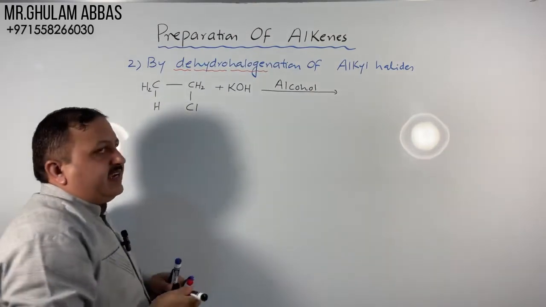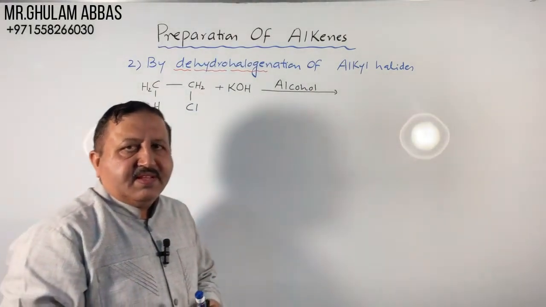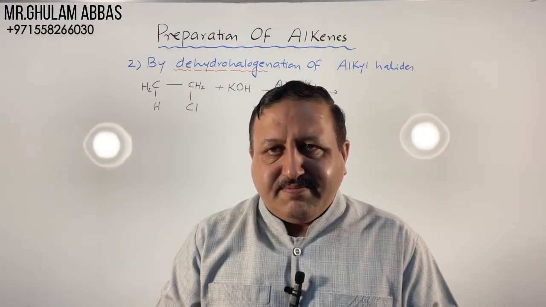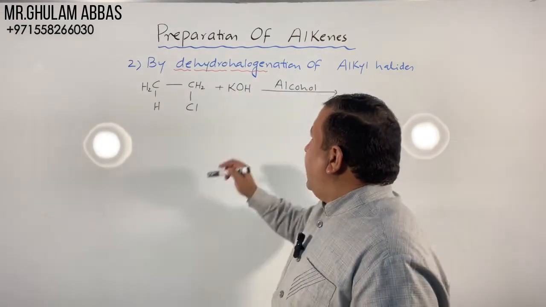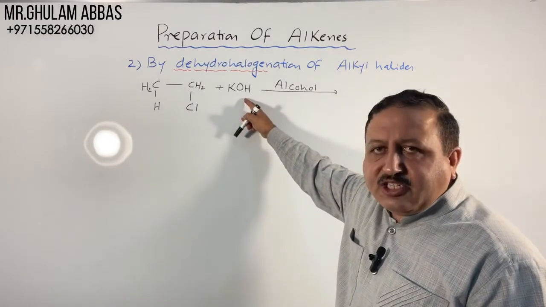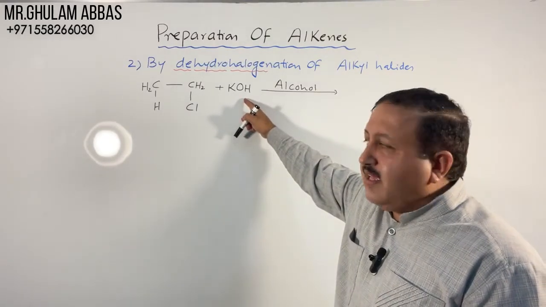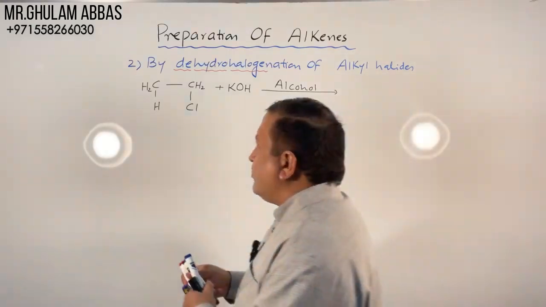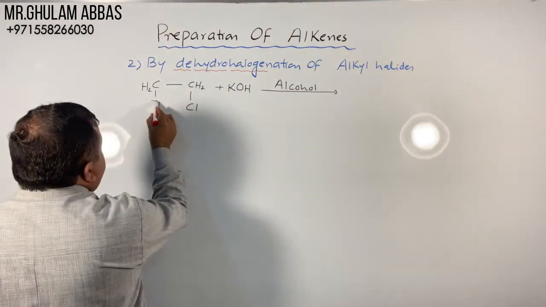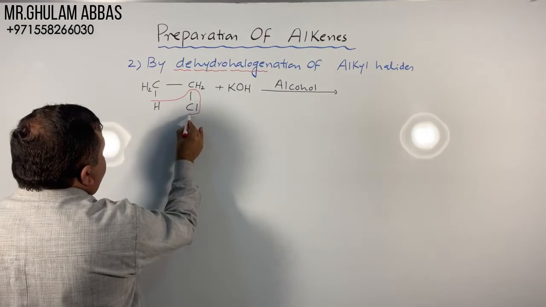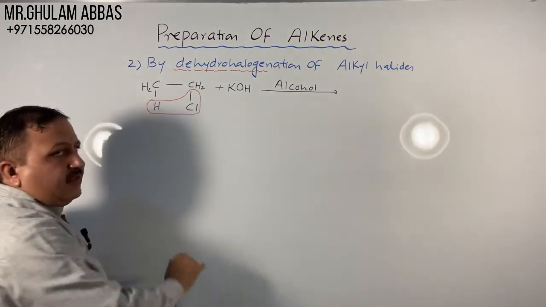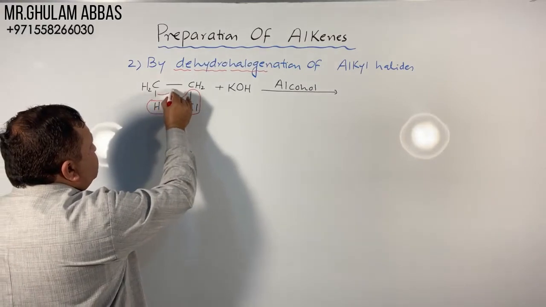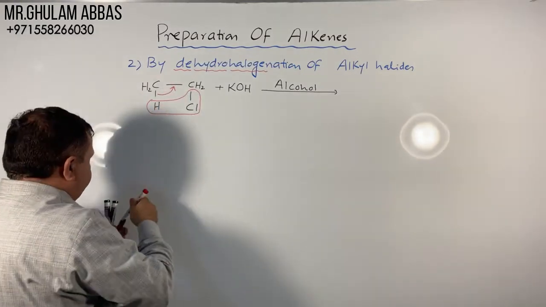Why is alcohol added? KOH is solid. When alcohol is added to KOH, it becomes ionized. Then it will remove hydrogen and halogen; hydrogen is removed without bond, halogen is removed with bond, and the bond is shifted between carbon and carbon.